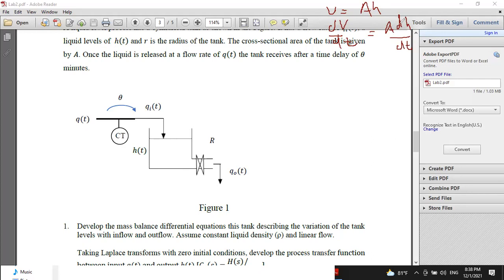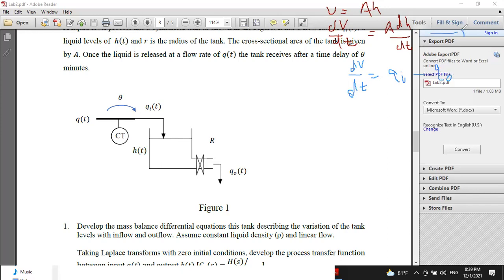Then we'll get the other one: dV over dt equals, in this case, Qi minus Q naught.